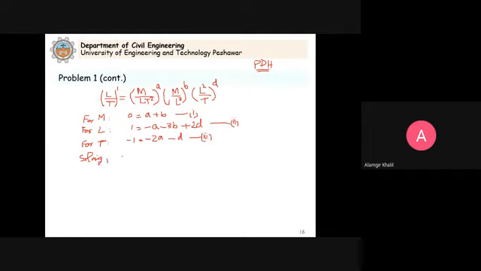Solving these 3 equations, we will get A is equal to 1 by 2, B is equal to minus 1 by 2, and D is equal to 0. This is what we will get.